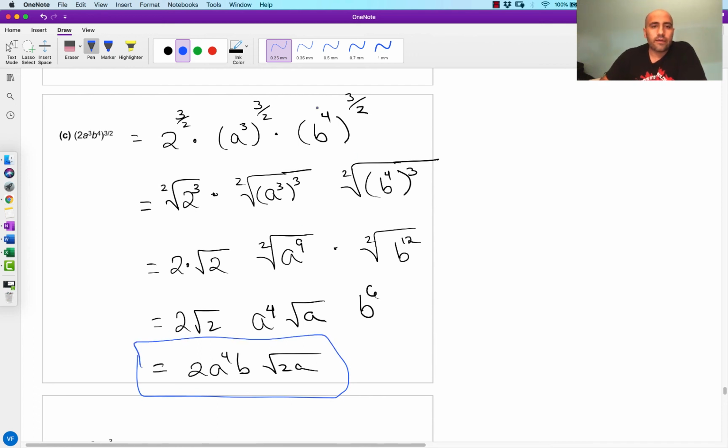Or I think the author of the book was just looking for something simpler, to just multiply these out and end up with 2 to the power of 3 over 2, times, and then we multiply those two together, and we end up with a to the power of 3 times 3 over 2, times b to the power of 4 times 3 over 2.